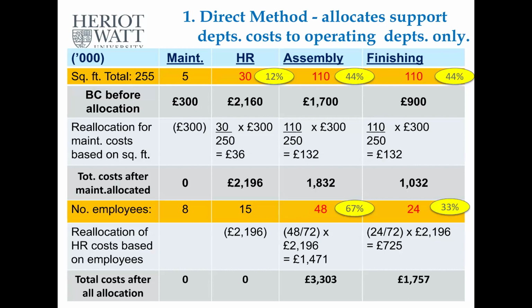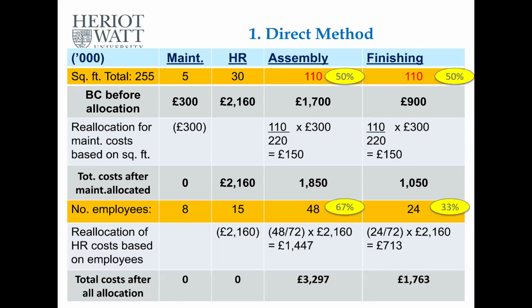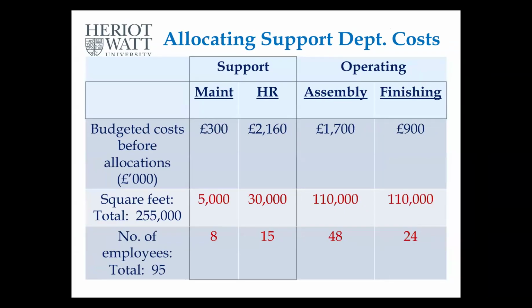So, for example, because I really need you to understand, let me get back here. We want to use now the other method. So how can we allocate the 300 for maintenance? You said for maintenance we are using square feet, right? Yes. So since we are allocating this 300, we are going to share some cost to HR now, isn't it? And to this one and to this one.